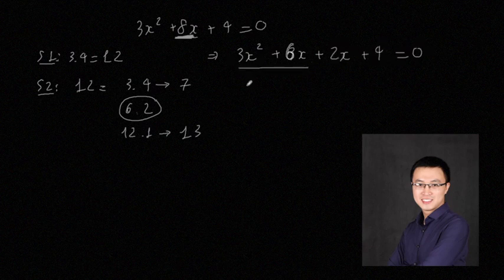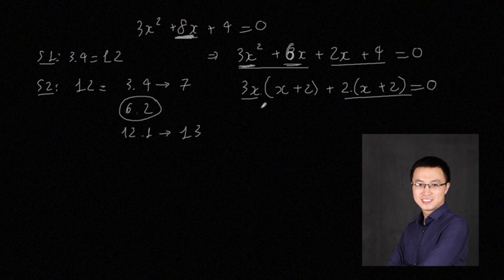For the first two terms the common factor is 3x, and in the first bracket you have the x, and the second one is 2. Recheck: 3x times x, you have 3x squared, 3x times 2 you got 6x. And for the other two, the common factor here is 2. Take 2 outside, inside you have x plus 2. Easy to recheck, so we will do it again by ourselves.